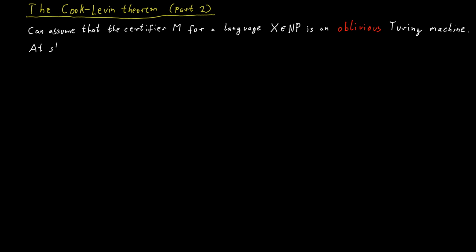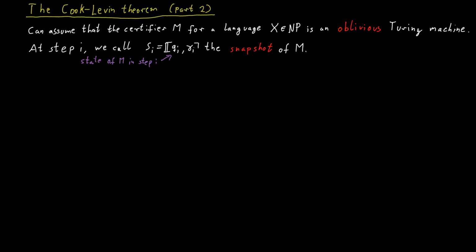So now we want to think about how one step of an oblivious Turing machine depends on the previous steps. At step i, we call Si a snapshot of this machine M. And the snapshot consists of two parts. It consists of the internal state of the machine at step i and of the character from the tape alphabet that is read by the machine at this step.